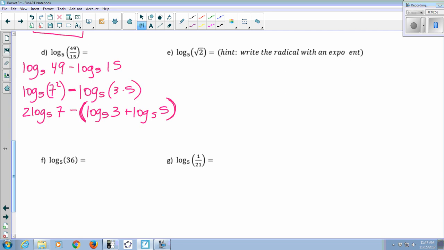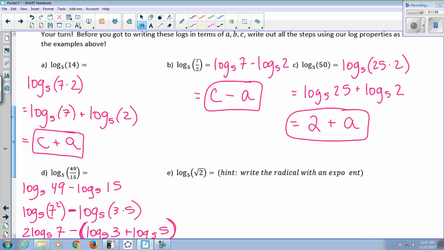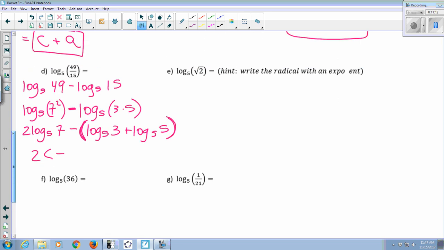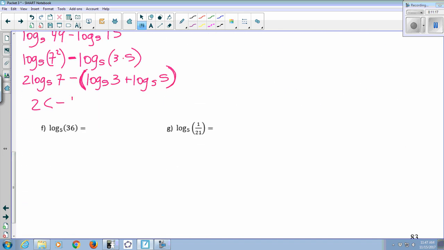So when you rewrite log base 5 of 3 times 5, you need parentheses around the whole thing. All right, log base 5 of 7, that's C. So this is 2C minus log base 5 of 3 is B. And then I'm going to distribute this negative. So I have minus log base 5 of 5, which is 1. 2C minus B minus 1.